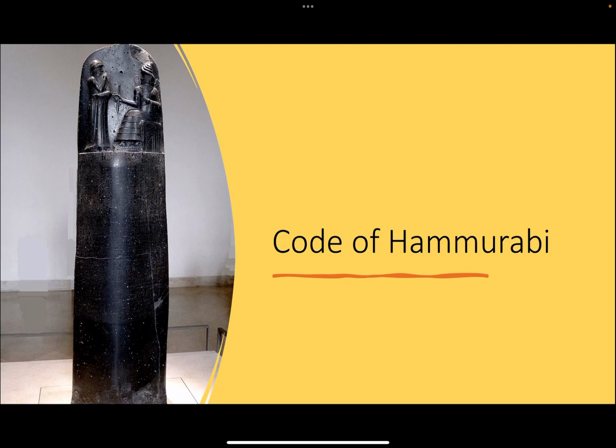If this happens, then this should be the legal punishment or the solution to the legal problem, rather than laying out these are the principles. But we can, by looking at the Code of Hammurabi, begin to extrapolate from there the legal principles upon which it is based.